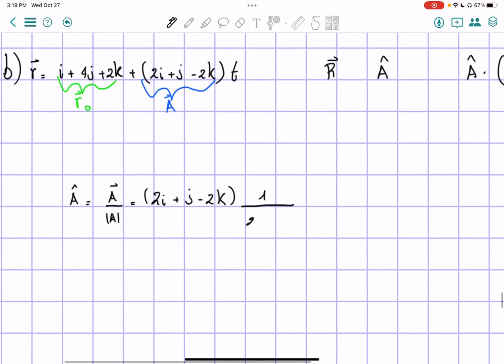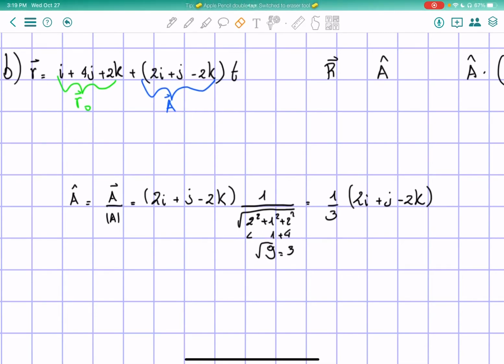The magnitude is the square root of 2 squared plus 1 squared plus 2 squared, which is 4 plus 1 plus 4, equal to 9. The square root of 9 is 3. So we have 1/3 of 2i plus j minus 2k, and this is our A unit vector.